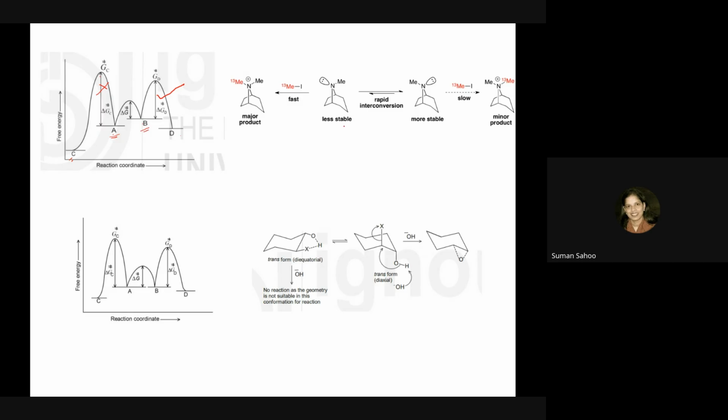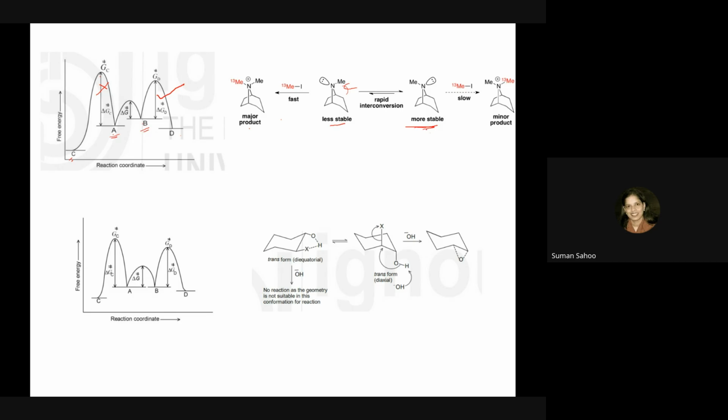For example, in this reactant, this conformer is more stable and this conformer is less stable because of the interaction here. Here there would be less interaction, but still this one is the major product because it goes through a less energy pathway, and this goes through a high energy pathway.